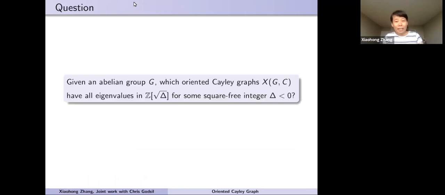One question we are interested in is which oriented Cayley graphs on an abelian group G have all their eigenvalues in this range, that is, all integer multiples of some square root of delta, where delta is negative because the matrix A is skew symmetric. The question is interesting by itself, but it also has its relation to quantum walks.